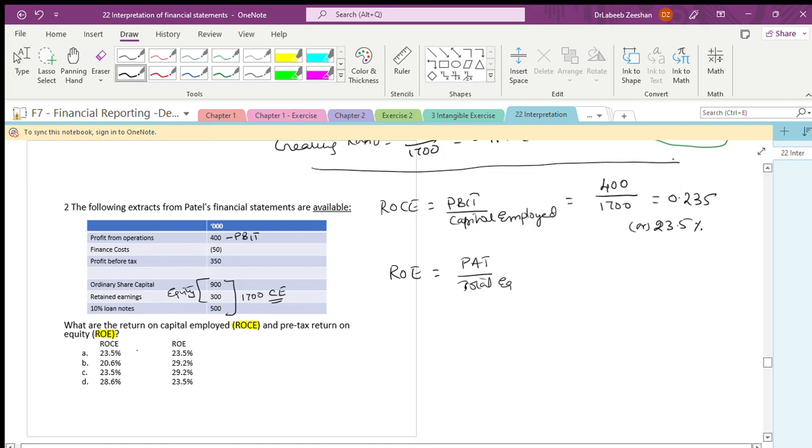Here we don't have tax, so this is otherwise called profit after tax. How much is the profit after tax? 350. How much is the equity? 1,200.